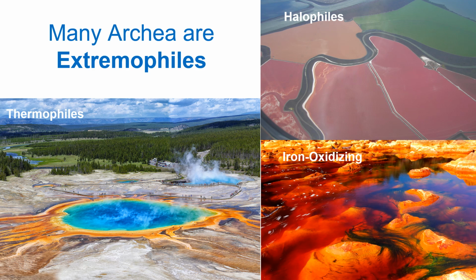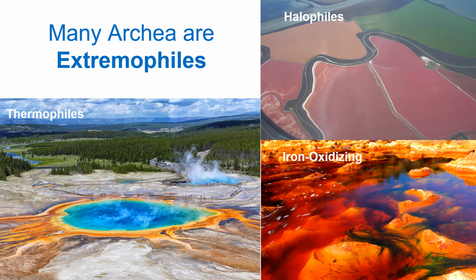So we have a pool of water that's almost boiling, and as the water moves to the edge of the pool, it starts to cool. And you're seeing all these different colors, blue and green and yellow and red and orange. That's different species of archaea that have different colors that are adapted to different temperature ranges, which is really amazing. So you have these really awesome colors.